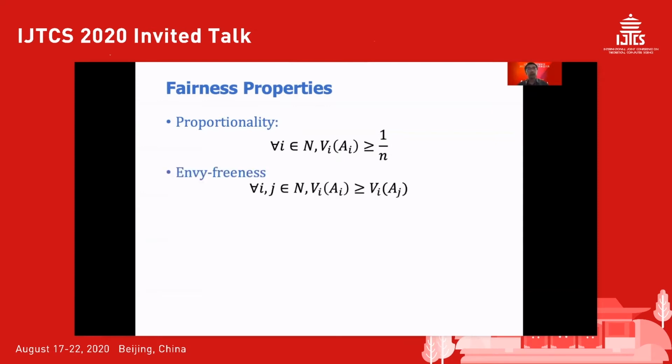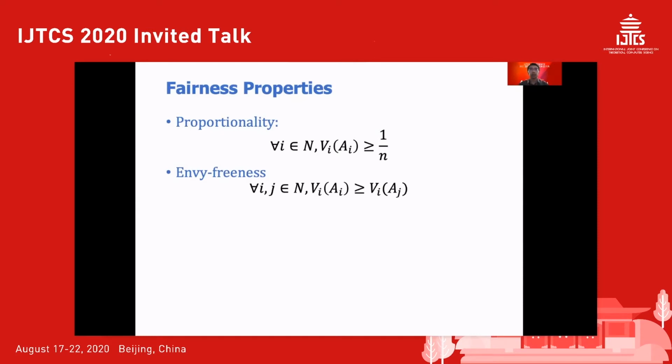The second fairness property is known as envy-freeness. This is also very interesting. It says that an allocation is envy-free if and only if for any two agents i and j, agent i thinks, in agent i's own eyes, that the value of his own piece is at least as much as the value, for agent i, of any other piece.